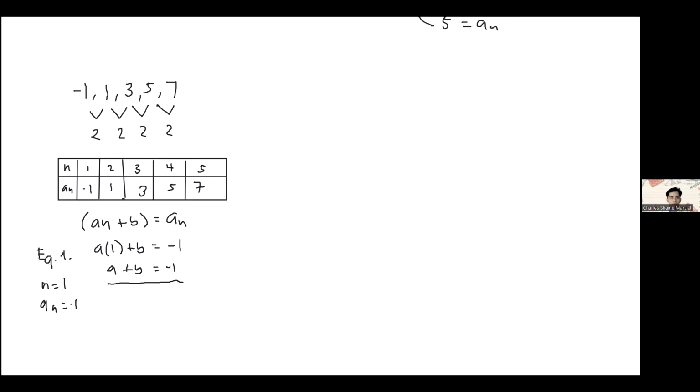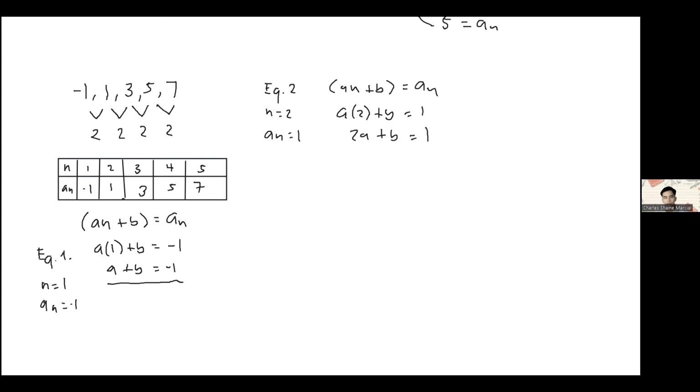Now, let's find the equation 2. So we have n is equal to 2, a sub n is equal to positive 1. So we have a times n plus b is equal to a sub n. A times 2 plus b is equal to 1. 2 times a is equal to 2a plus b is equal to 1.